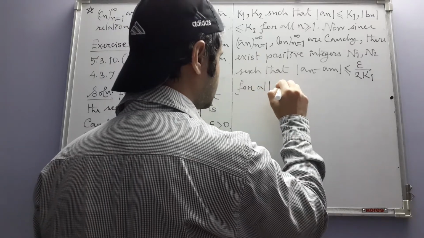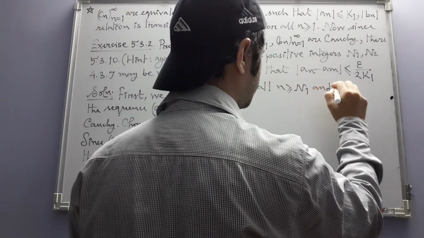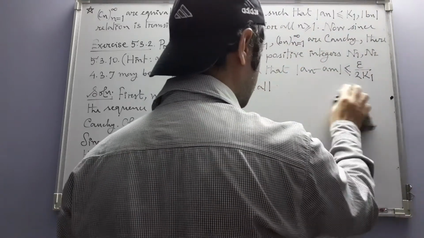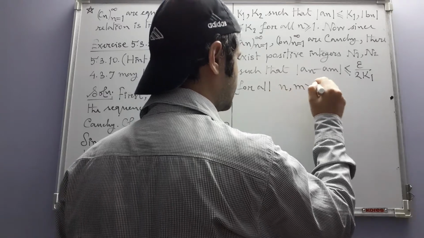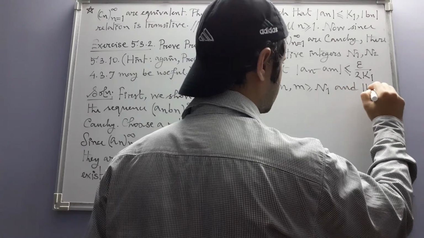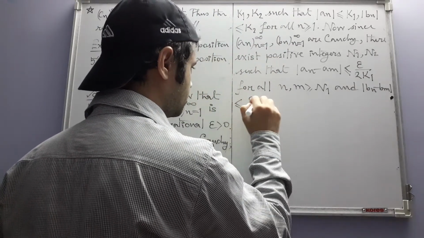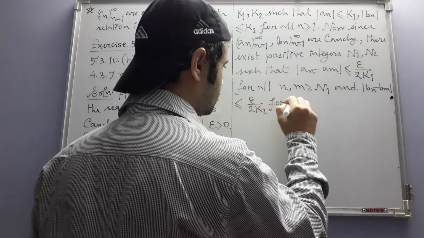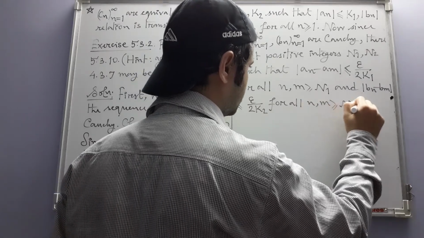for all integers n greater than or equal to n1, and the distance between not just n, since we have m also, for all integers n and m greater than or equal to n1, and the distance between bn and bm is less than or equal to epsilon divided by 2k2 for all integers n and m greater than or equal to n2.